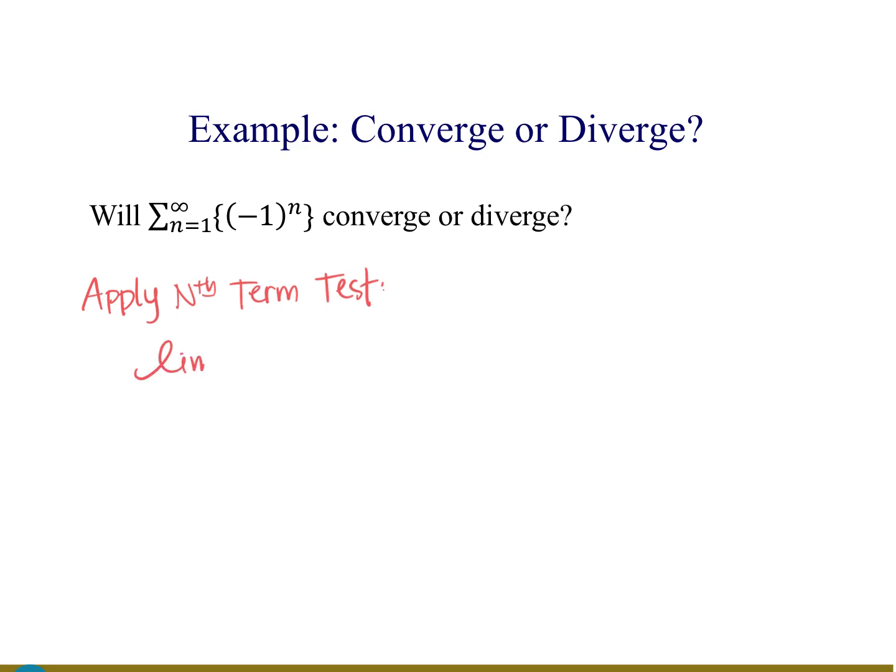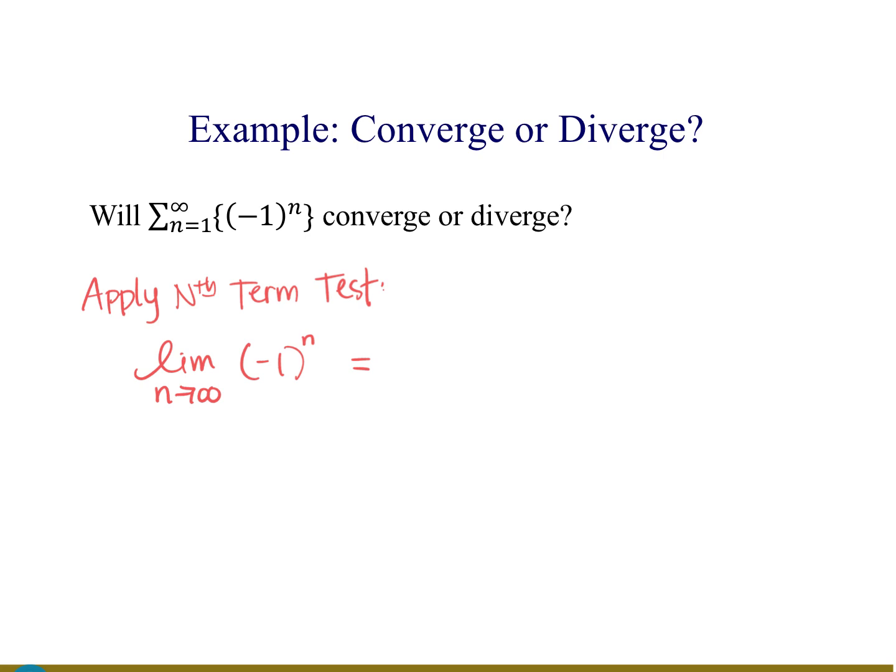In the nth term test, you take the limit of the last term, which would be (-1)^n, as n approaches infinity. What is the result of (-1)^n as n approaches infinity?